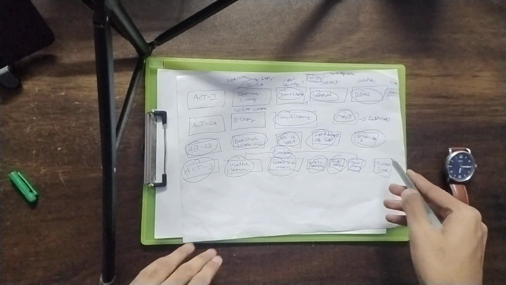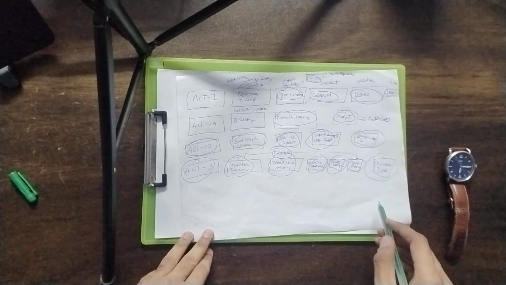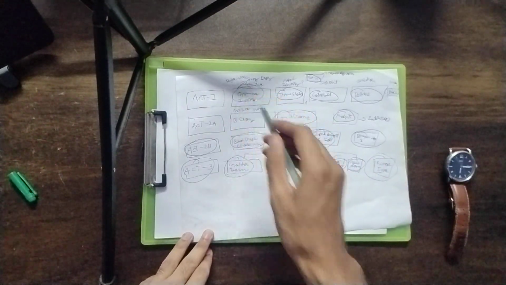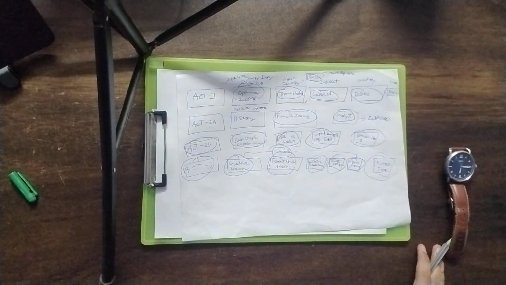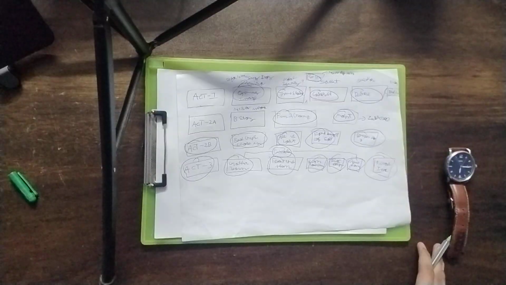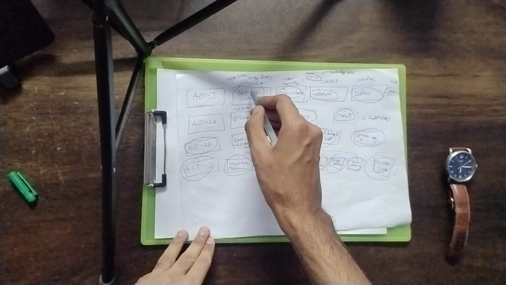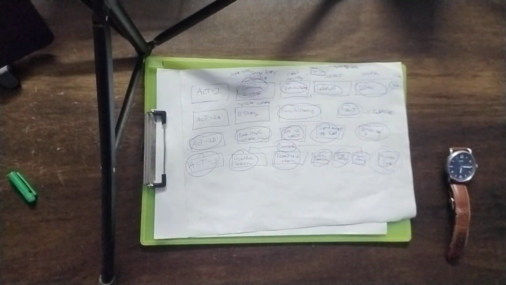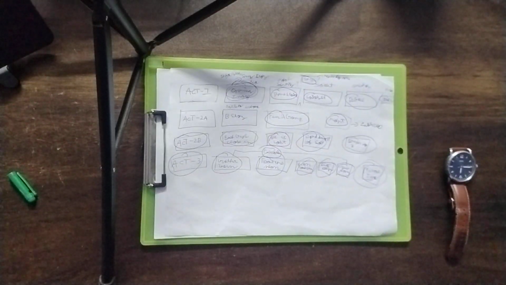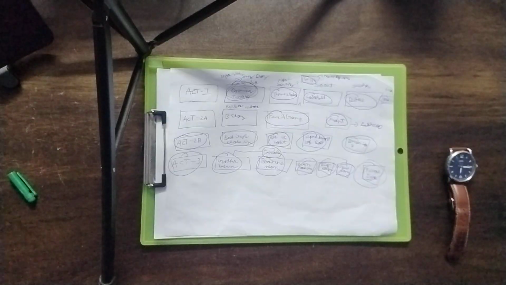And the last beat of the film is the final image. If you remember the opening image, the first beat of the film, we have established the world and shown how the world was before the event. In the final image, we will show the exact opposite of the opening image. In the opening image, we have shown the world which is being pushed towards a dystopian world where everything is getting slowly out of our hands.